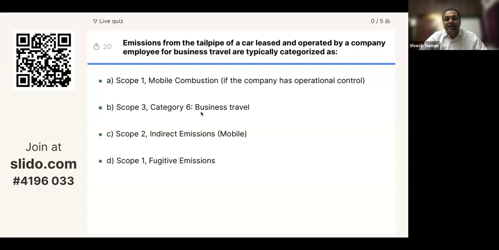Next question. Emission from the tailpipe of a car leased, okay, and operated by company employee for business travel, not for coming to office even.